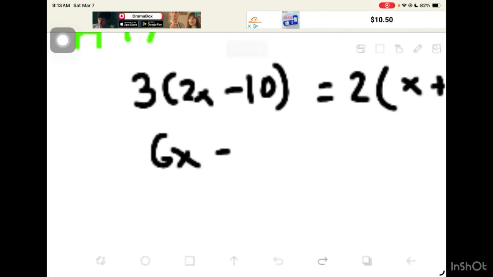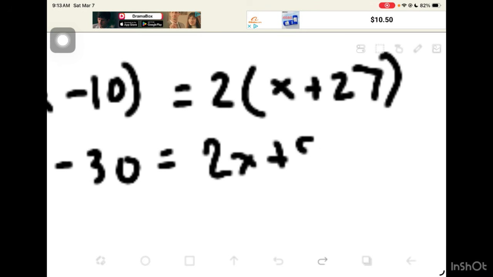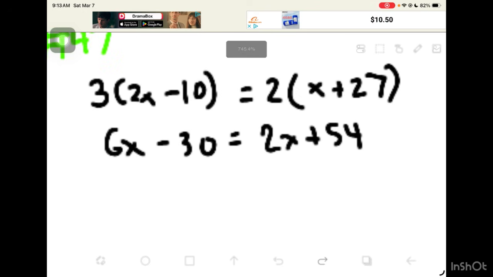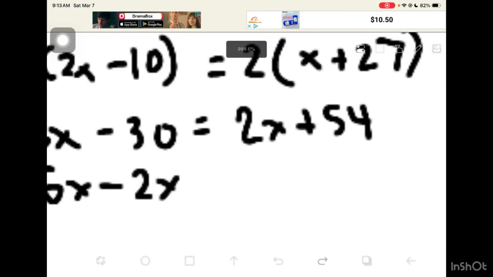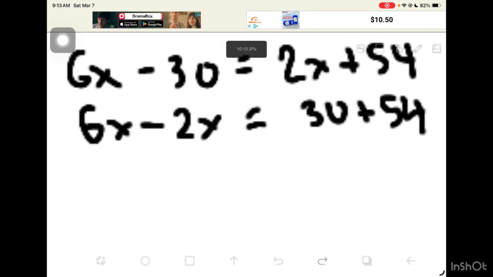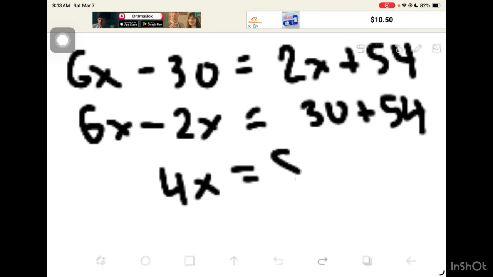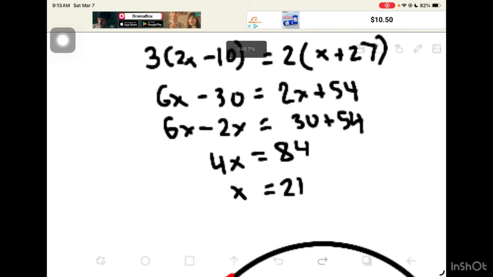So 6x minus 30 is equal to 2x plus 54. When we transpose that, 6x minus 2x is equal to 30 plus 54. 4x is equal to 84. x is equal to 21. And that's the answer.